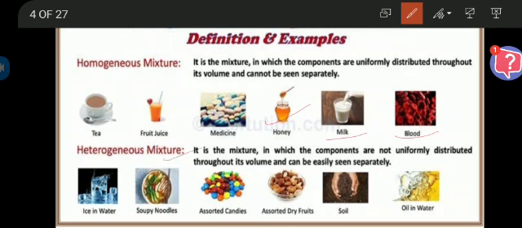The examples of heterogeneous mixtures are ice in water, soupy noodles, assorted candies, assorted dry fruits, soil, oil in water. These can be easily separated from each other.